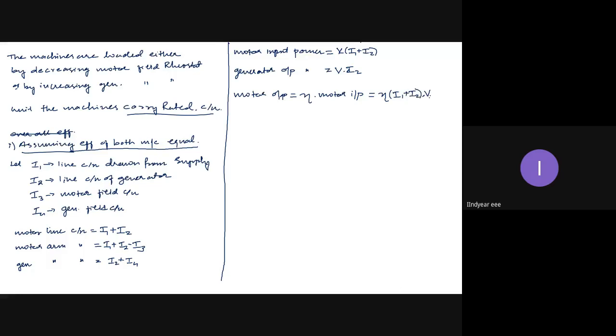Because both have equal efficiencies, whatever output is developed by the motor is the input to the generator.